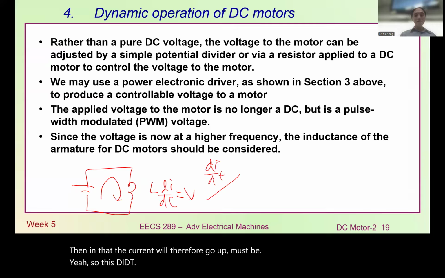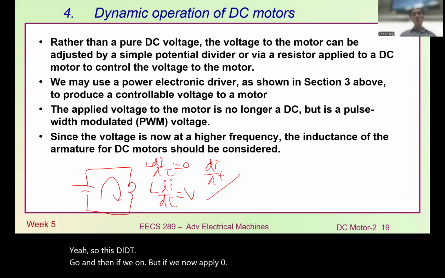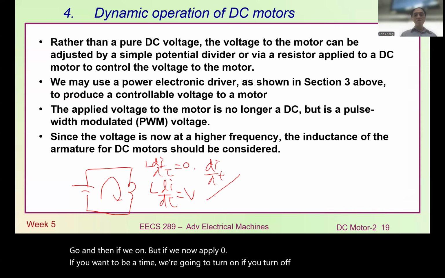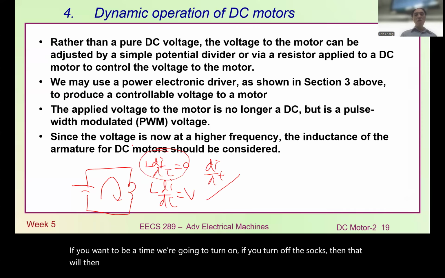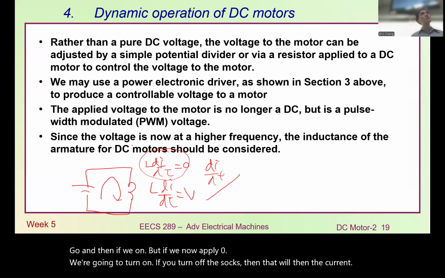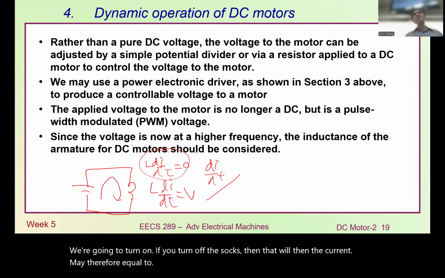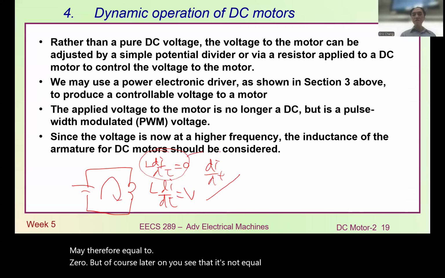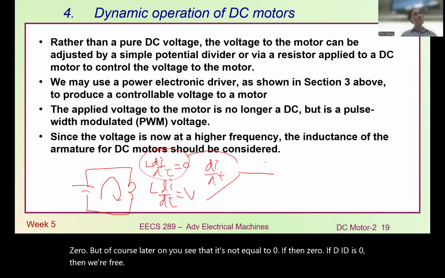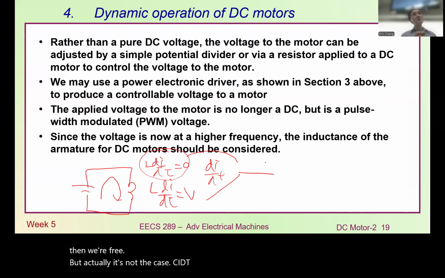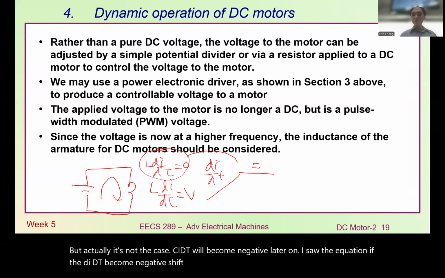And then if we now apply 0 volt, because the diode is going to turn on, if we turn off the source, then that will be 0 volt, then the current may therefore equal 0. But of course, later on you see that it's not equal to 0. If di/dt is 0, then it will be flat. But actually it's not the case. Di/dt will become negative later on. I've shown the equation. If the di/dt becomes negative, then it becomes like this.